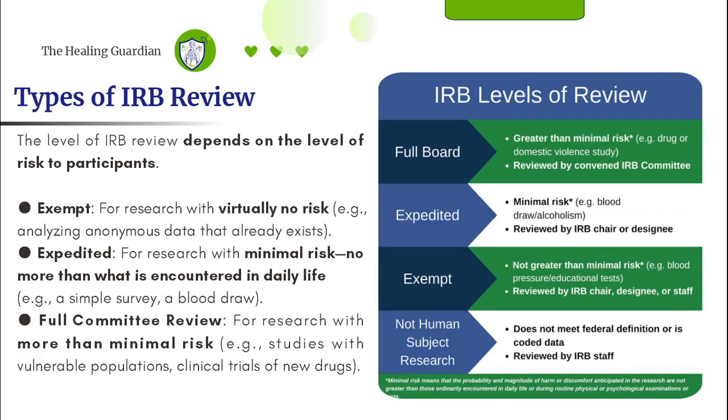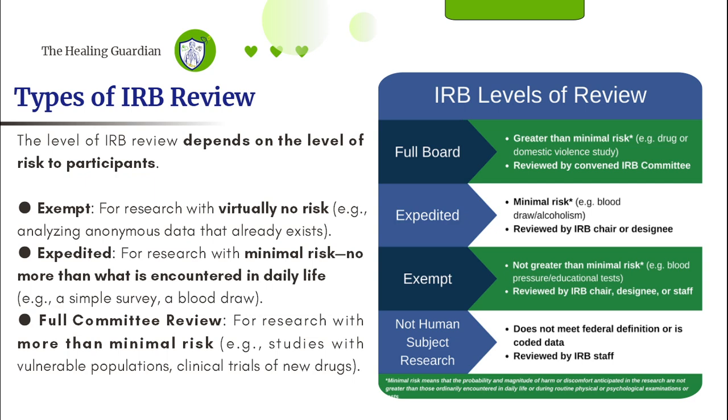And the board can make three reviews. The types are either exempt, expedited, or full committee review. And these depend on the risk of your research. The level of IRB review depends on the level of the risk to participants. The exempt is done for research with virtually no risk.